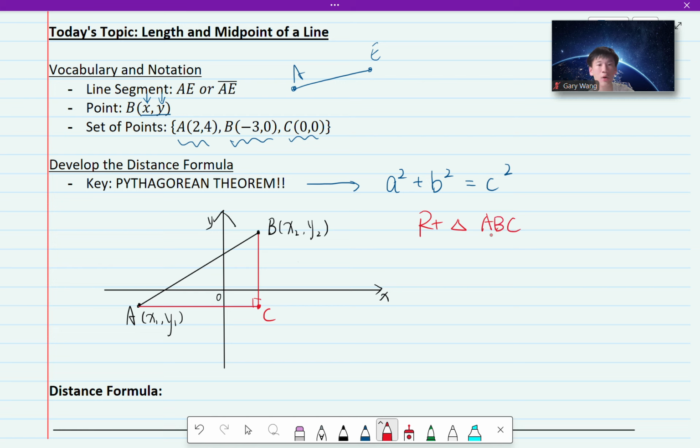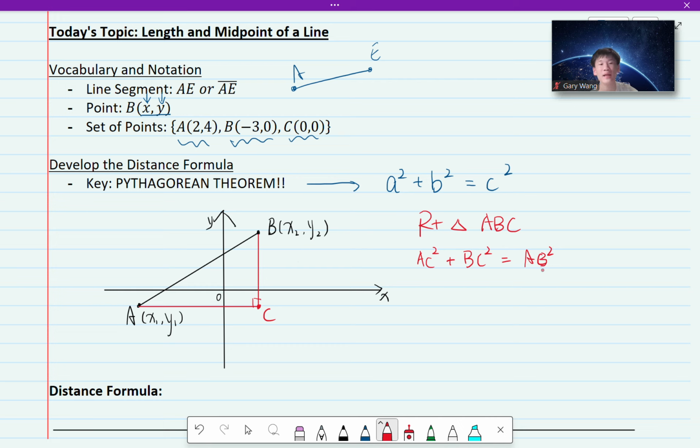Inside this triangle, based on the Pythagorean theorem, the sum of the squares of the two legs, which are AC and BC, is the square of the hypotenuse AB.